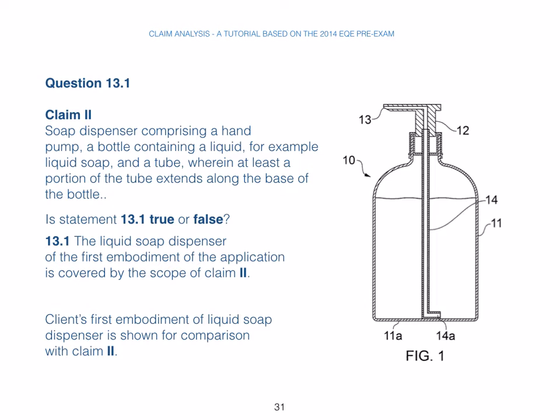Figure 1 shows a liquid soap dispenser, or a soap dispenser, that comprises a hand pump 12, a bottle 11 containing liquid soap, and a tube 14. An end portion 14A of the tube is bent at right angles and extends along a part of the bottle's base. What do you decide? Is it true that this embodiment is covered by the scope of Claim 1, or is it false? Make up your mind, and we will go to the next question.